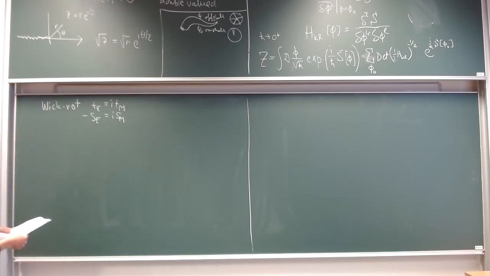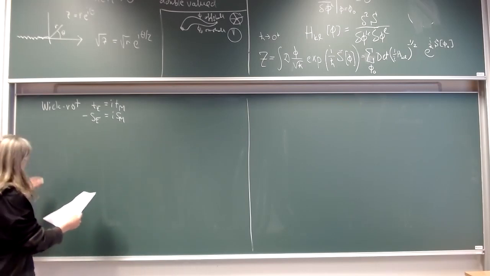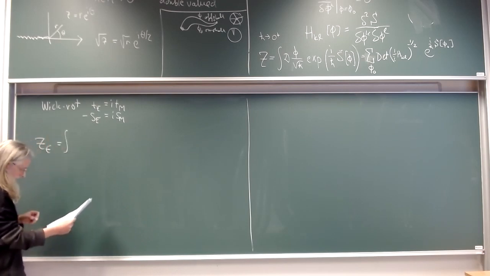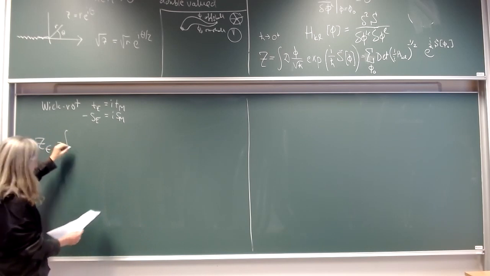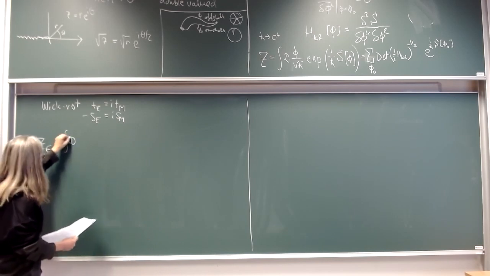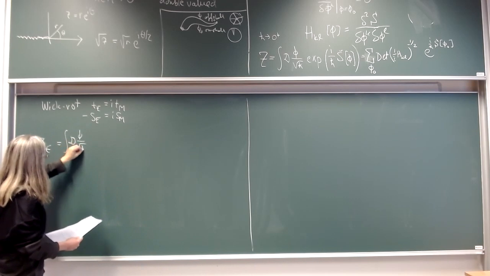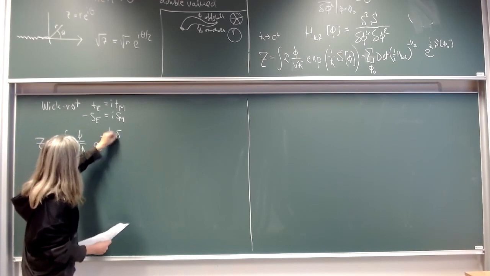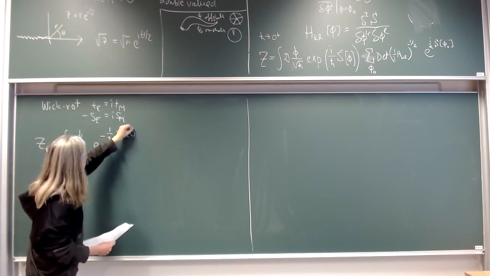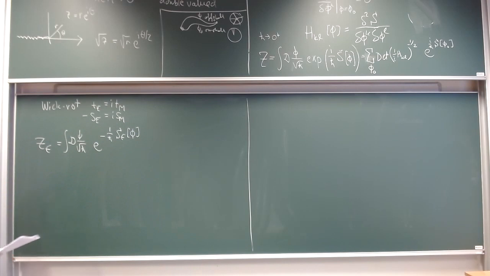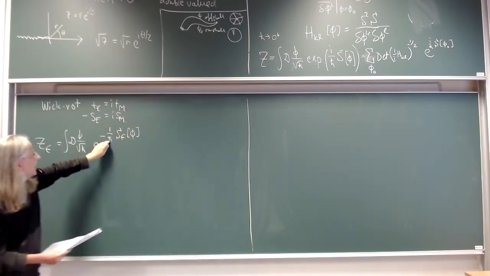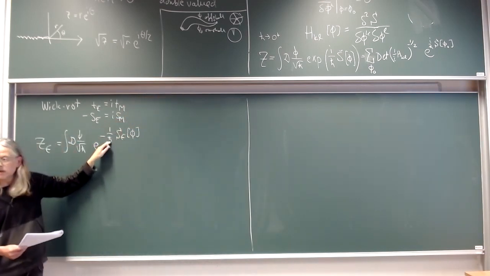In this case, the path integral becomes the Euclidean one, which of course is related to statistical mechanics, something like the integral of D phi e to the minus 1 over h bar S_E of phi. Now there's a minus over here, and in this case there's no phase, and everything is real.